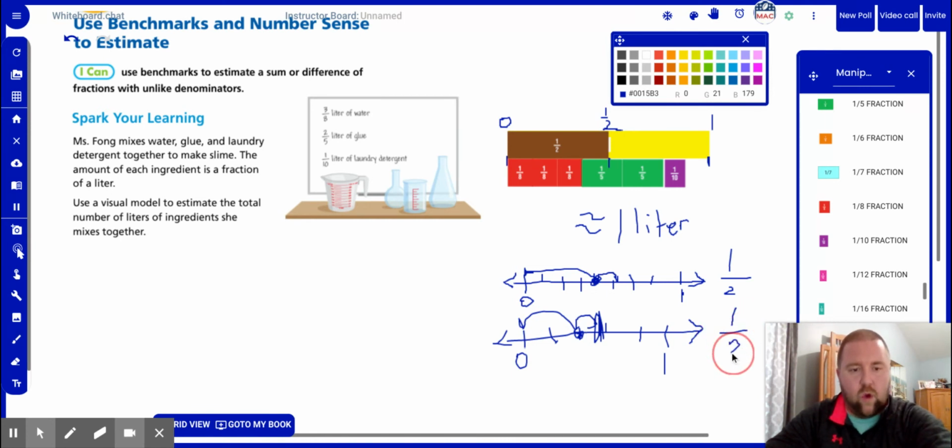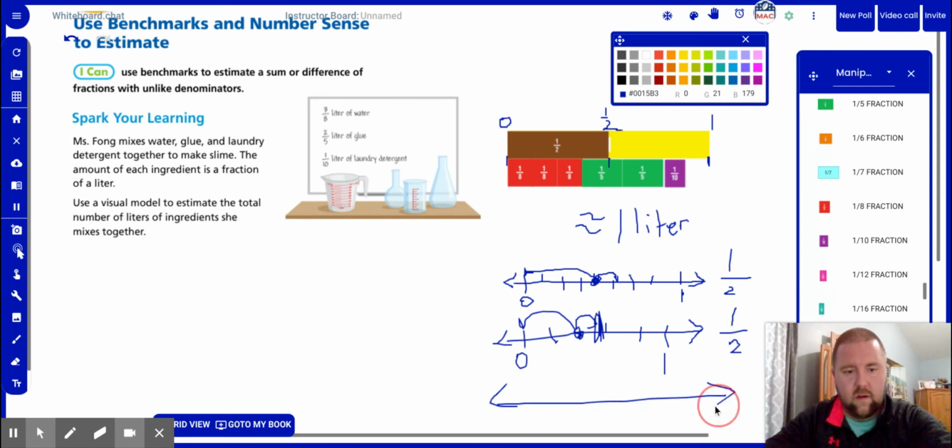Now, when we look at 1/10, I'm going to draw the picture, but I don't think we really need to because we know that 1/10 is really close to 0, right? Because it's only 1 of the 10 that we need, right? Half of 10 is 5, right? So 1/10, to get to 5, you need 4 more. But to get to 0/10, you only need to lose 1. So same idea if we drew our fraction line here. Okay, and I said 0 and 1.